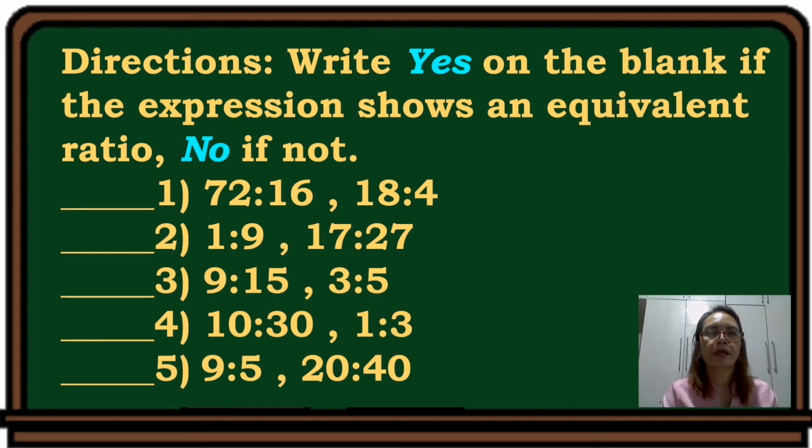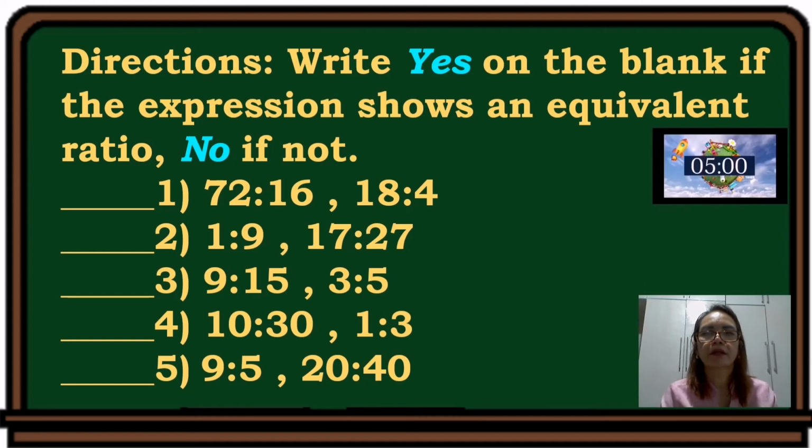Another one, write yes on the blank if the expression shows an equivalent ratio, no if not. Okay, you'll have 5 minutes to answer these questions. Timer starts now.